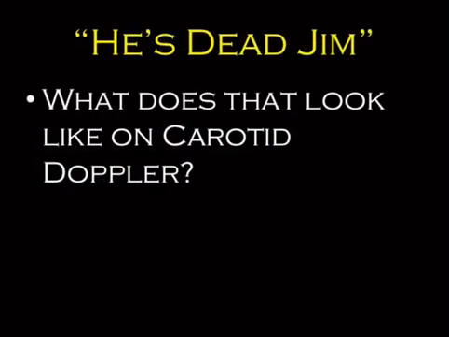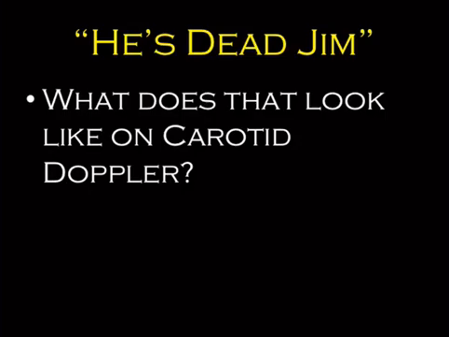So what does brain death look like on carotid ultrasound? In Europe, I've been told that they do actually do brain death studies occasionally with carotid ultrasound, just like the nuclear medicine brain death study that we have here in the States, which basically shows no blood flow through the internal carotid.